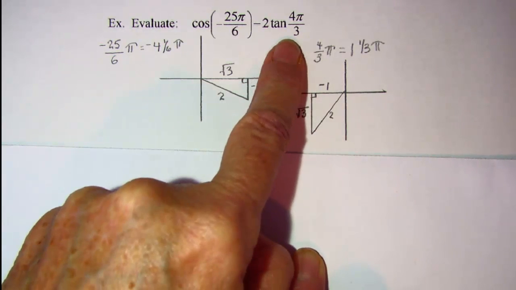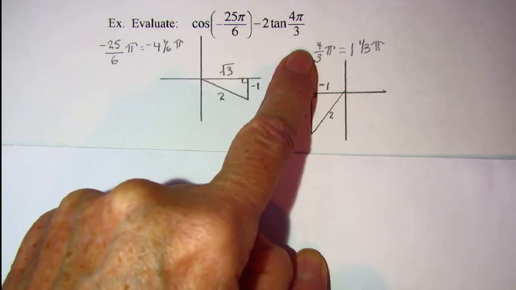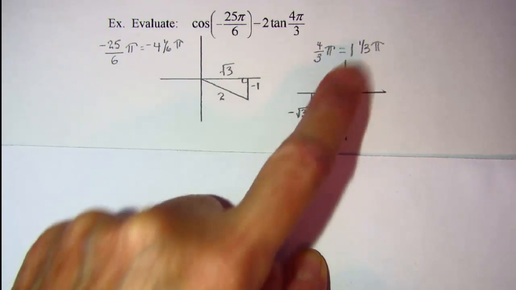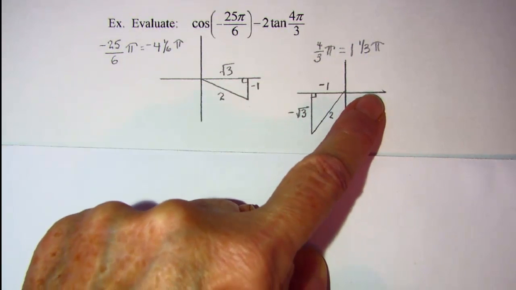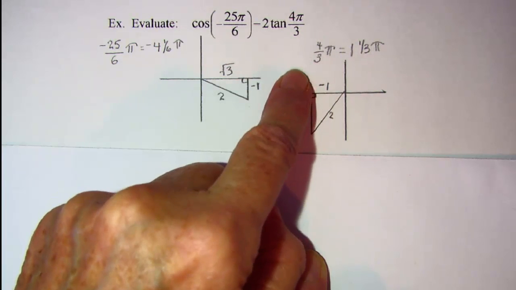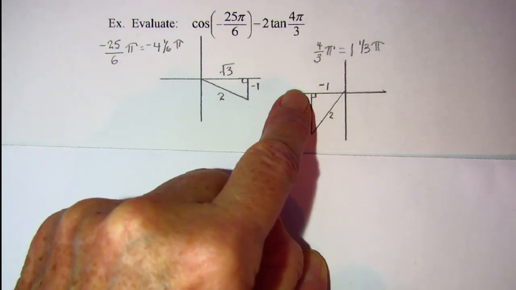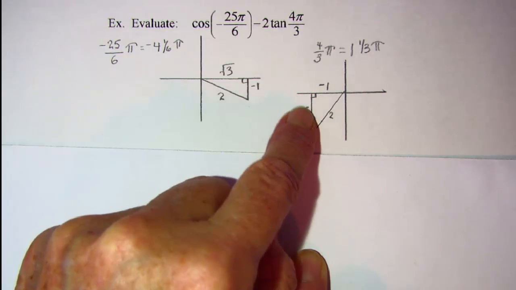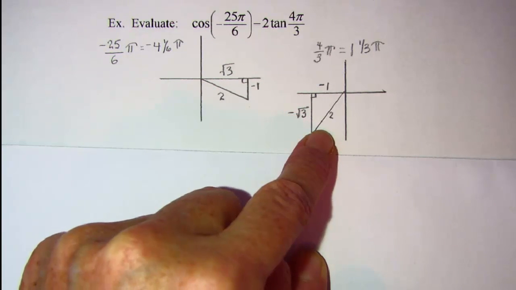Now in this one I have 4 pi over 3. That's the same as 1 1/3 pi. It's a positive angle, so I'll start with my positive x-axis and move in a counterclockwise direction. 1 pi is my semicircle, and then 1/3 pi is the same as 60 degrees.